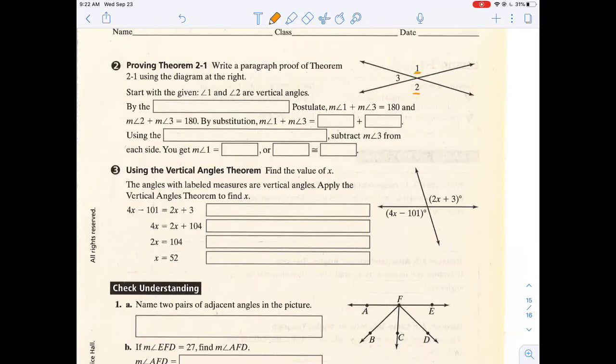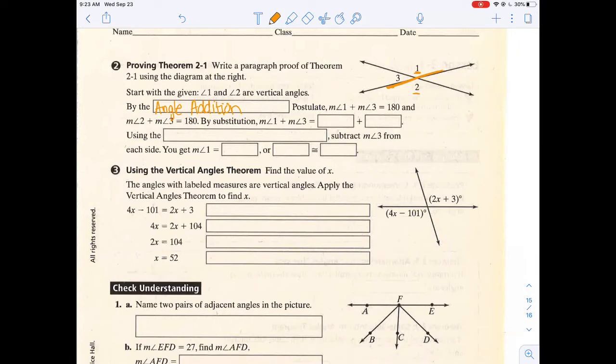By the angle addition postulate, that's from chapter 1, the measure of angle 1 plus the measure of angle 3 have to add up to 180 since they make this straight line.